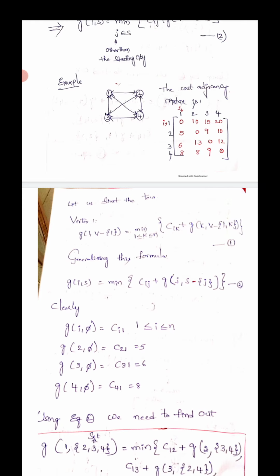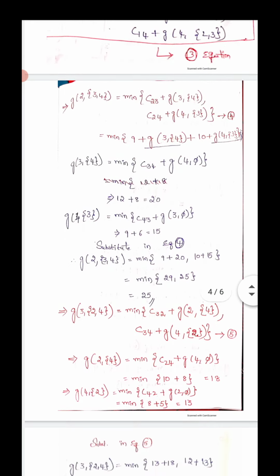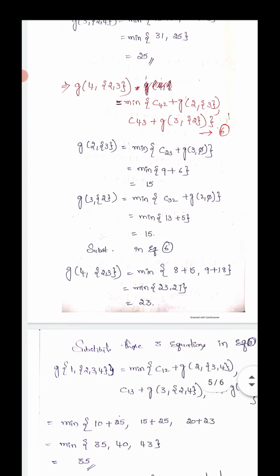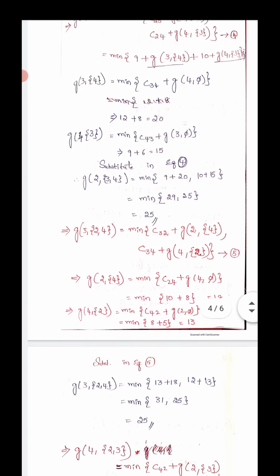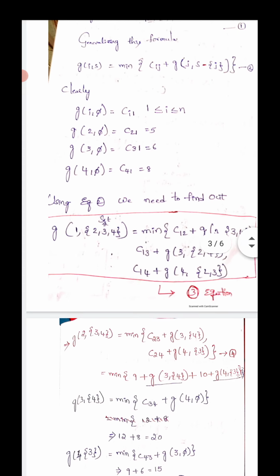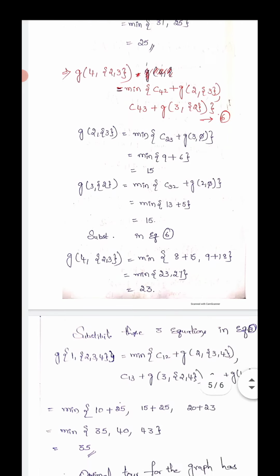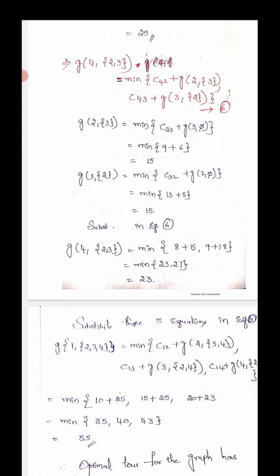Second row third column, 9. 9 plus g of 3 comma 5. G of 3 comma 5, how much? 6. How much is the minimum of 9 plus 6? How much? 15.